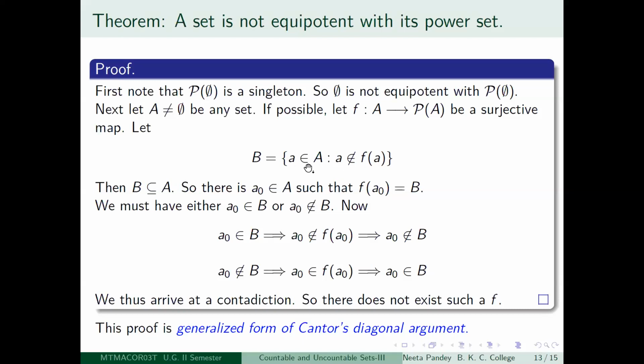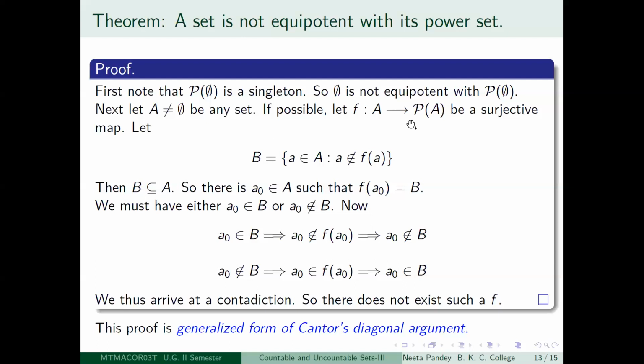For every little a in A, look at F(a), which is a subset of A, then see whether a is an element of F(a) or not. If it is not an element of F(a), then it will belong to this collection. That is the defining property of this collection. So capital B is precisely the set of all elements of A for which a does not belong to F(a). So B is a subset of A. It may be empty, we don't care.